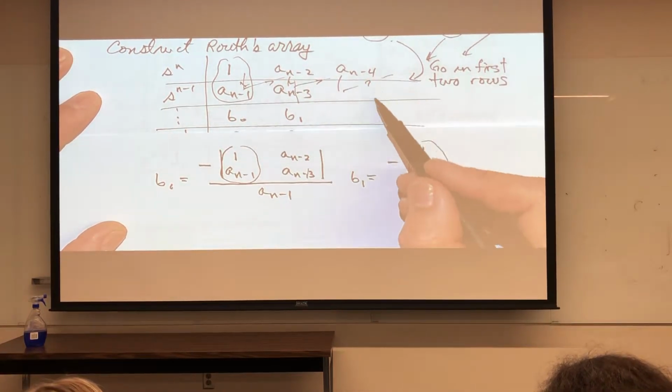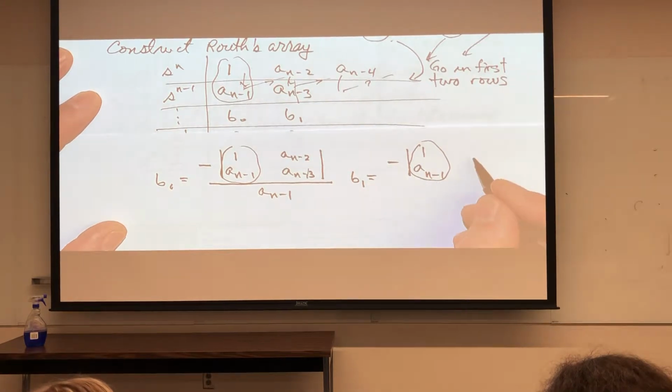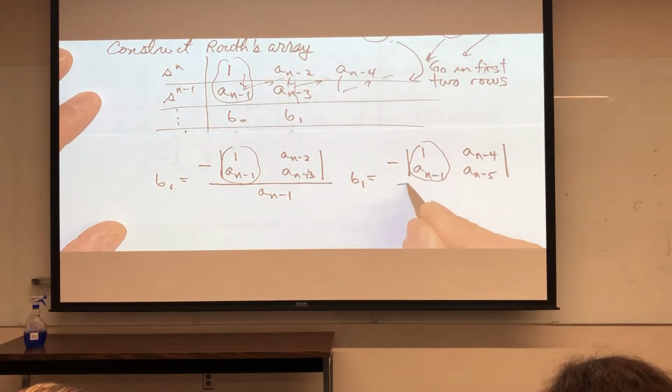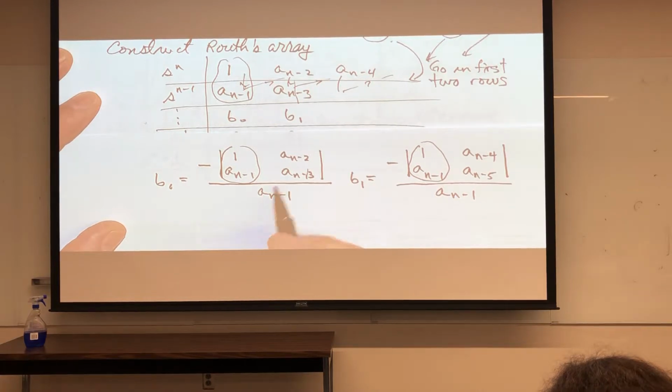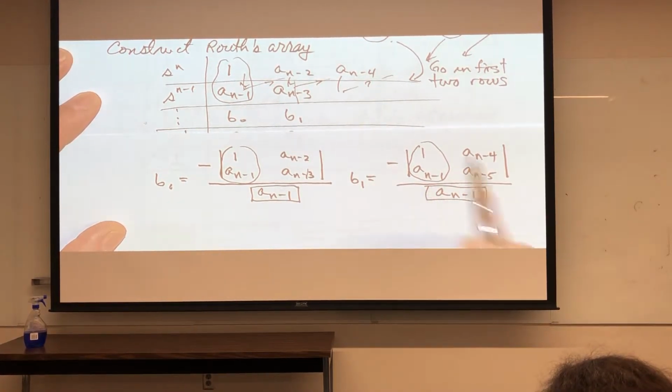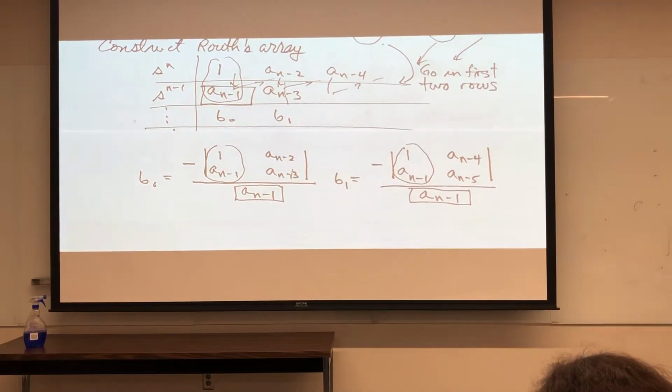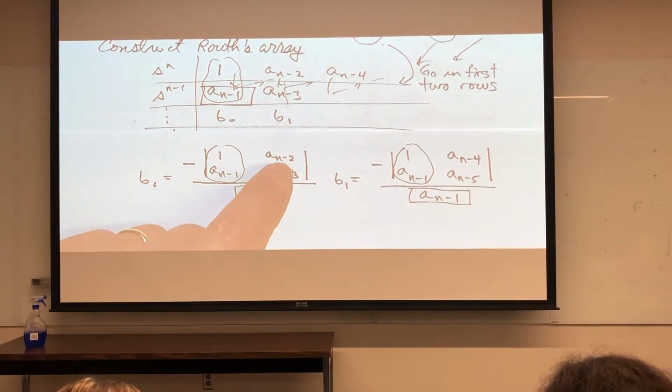For b1, we'll use this set of numbers. And so I'll have an minus 4, an minus 5, and then we divide by an minus 1. This also does not change. This comes from right here. So the only thing that changes in this Routh array calculation is the second column.